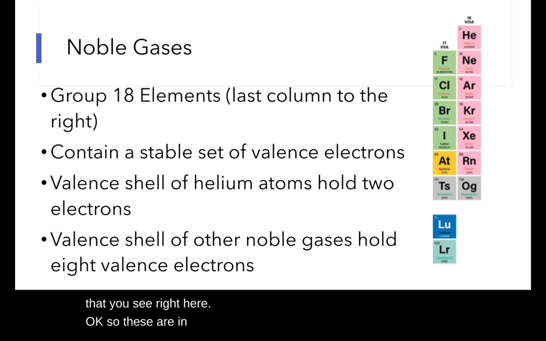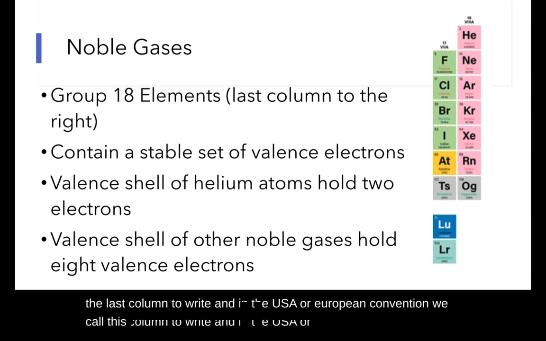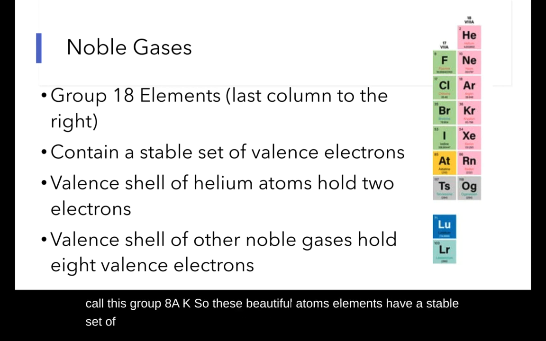This is group 18, which is the last column to the right, and in the US or European convention, we call this group 8A. Okay, so these beautiful elements have a stable set of electrons. And by this, I mean that they have a full set of electrons in the outermost shell.